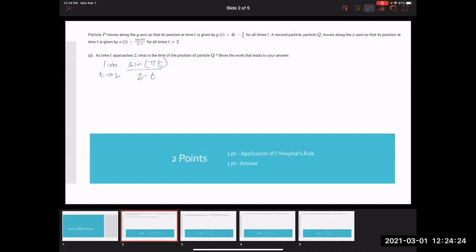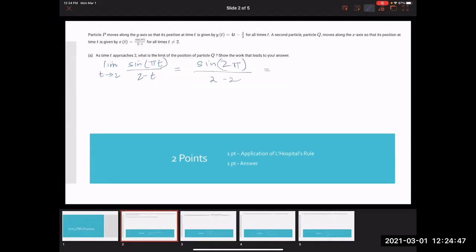We plug in the value. If it gives us a value back, that's our limit. If it doesn't, and we run into a problem, then we have to do something else. In this case, when we plug in 2, you're going to get sine of 2 pi all over 2 minus 2.